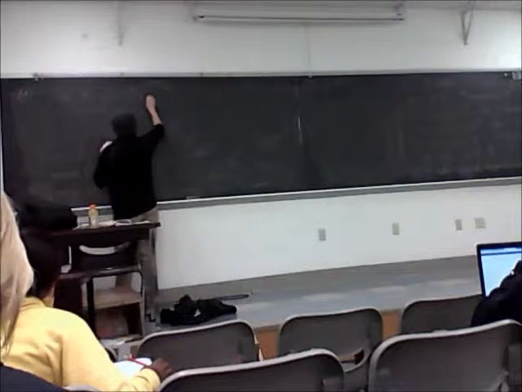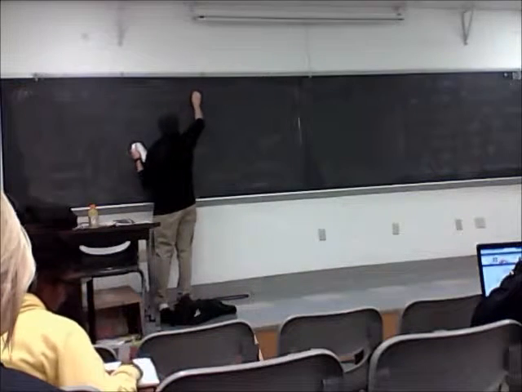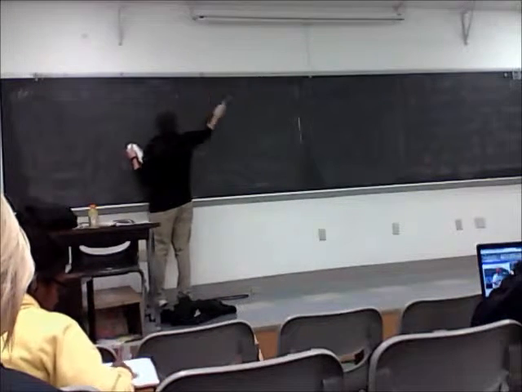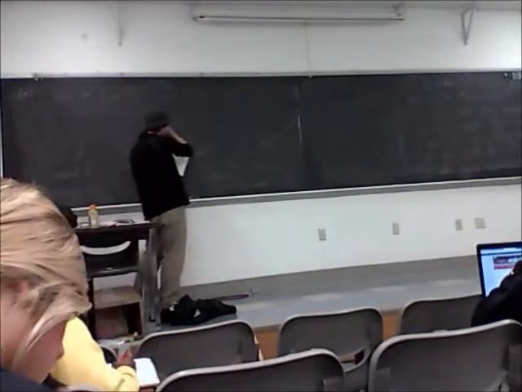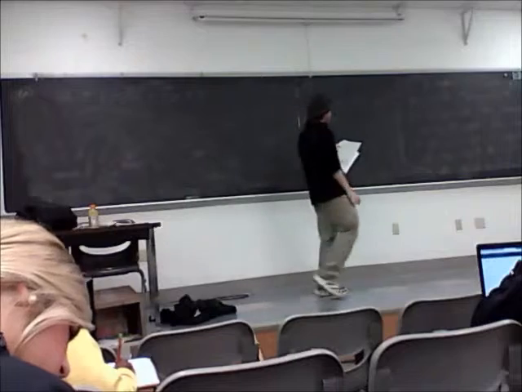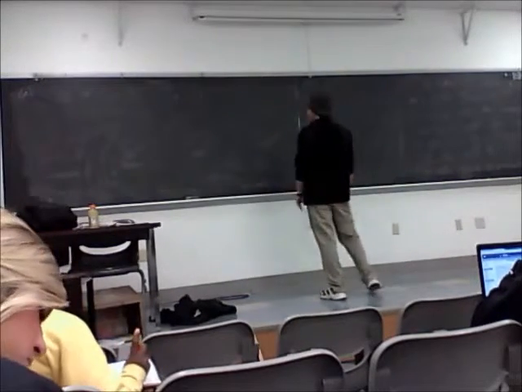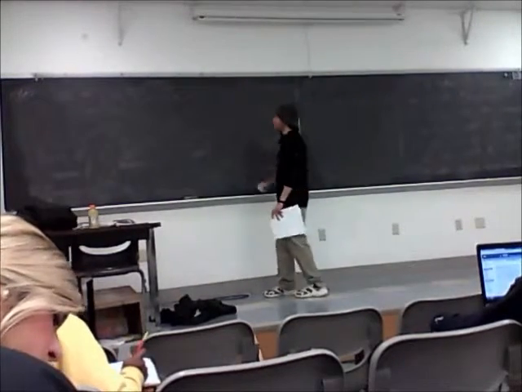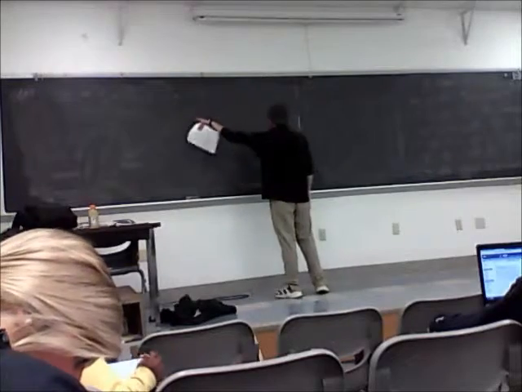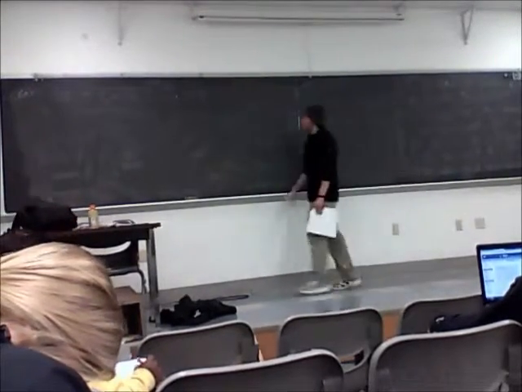So it's M, I, and so on. Okay, so this is the sample space. These are all the possible outcomes. The outcome is going to be one of these letters.